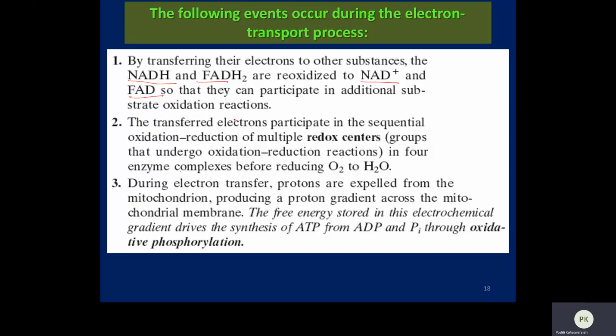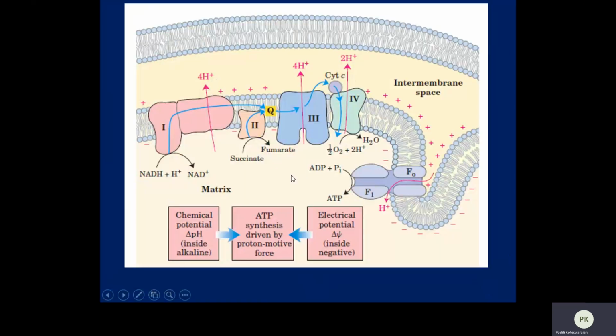The second one is that when NADH and FADH2 are oxidized, these electrons are transferred to the molecular oxygen through various oxidation reduction centers that are present in the inner mitochondrial membrane. And this you can also see in this diagram.